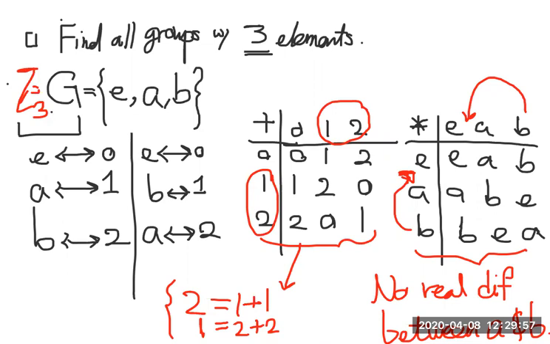So if, everywhere, instead of 2 I write 1 and instead of 1 I write 2, nothing would change. It doesn't make any difference. 1 and 2 have completely symmetric roles here.